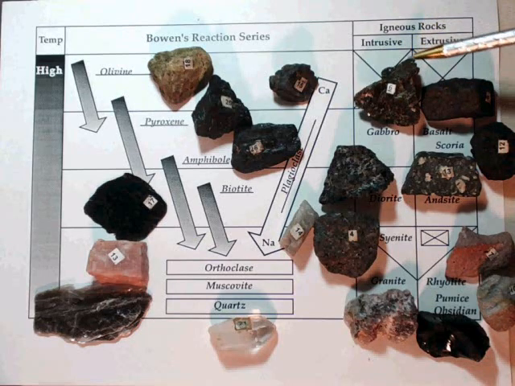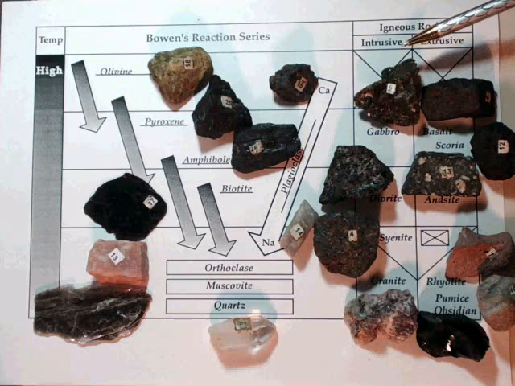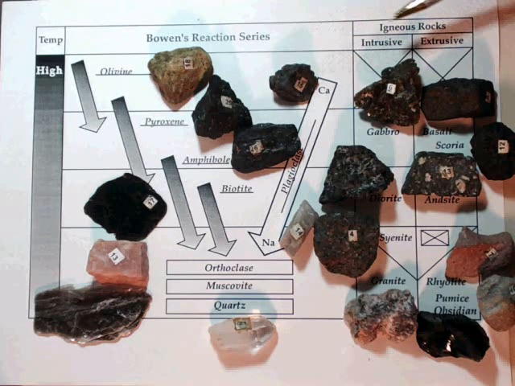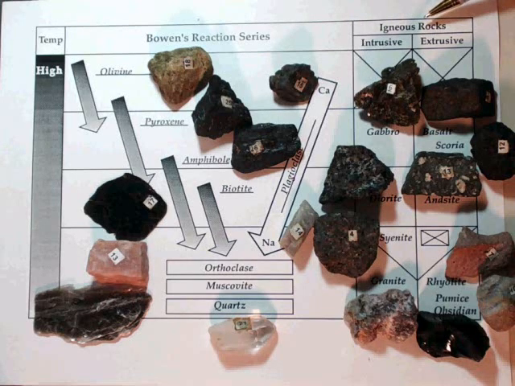So you can see how we get our varying igneous rock names based on mineral composition, but even more importantly on the texture, the cooling rate. That brings us to looking at those textures for our igneous rocks.